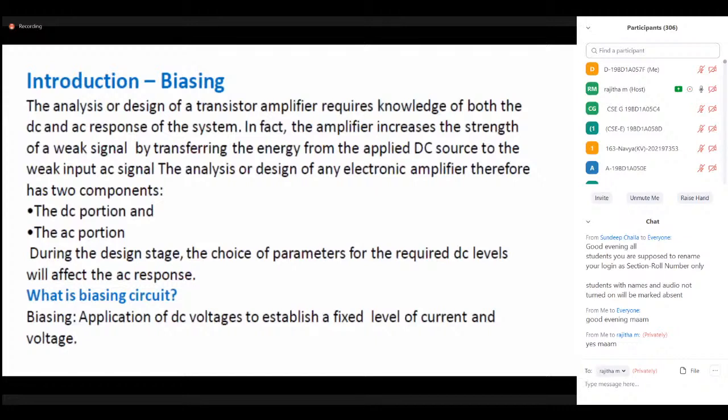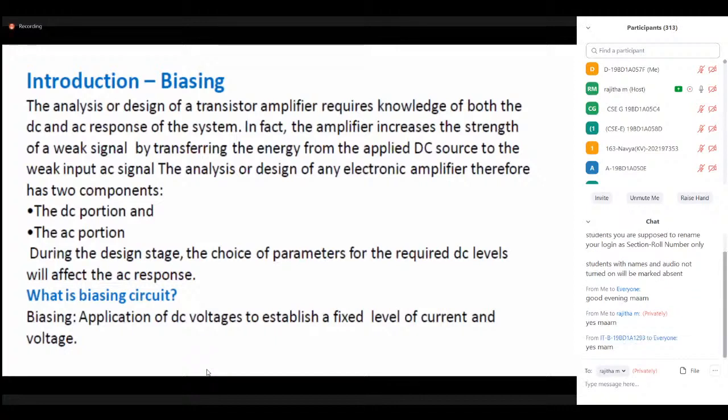Are you able to understand now? What is the importance of biasing? Yes? Right. Now, I'll move to the next slide.